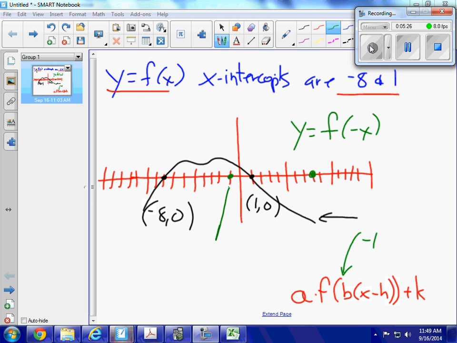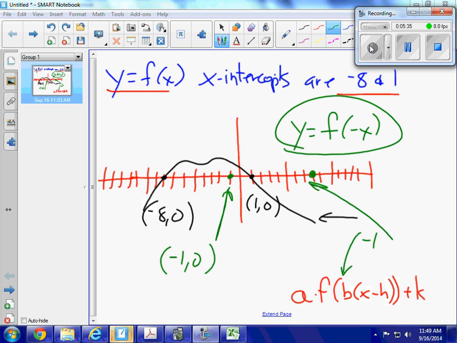So my new intercepts for this function here will be the points -1, 0 and 8, 0. I simply flip the graph over the y-axis, and my key points there were my intercepts.